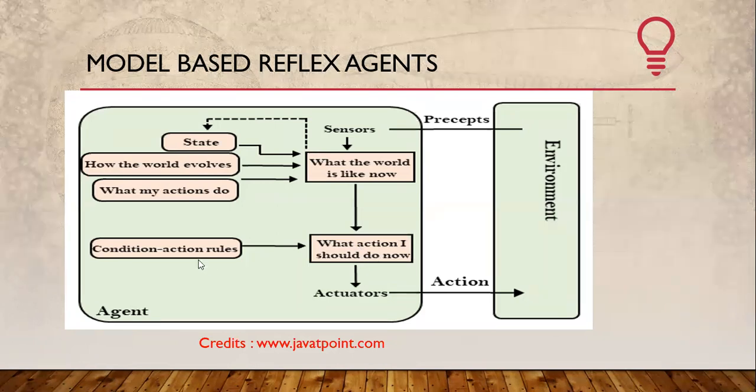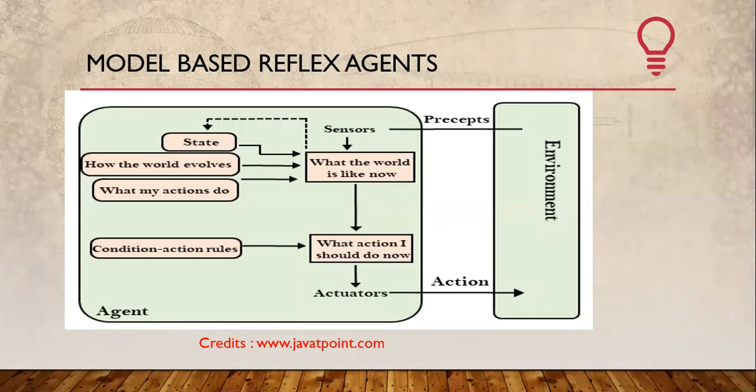Then we had condition action rules, which help us understand what action has to be taken. If we skip this part, everything else remains the same, and that was the working of the simple reflex agent.